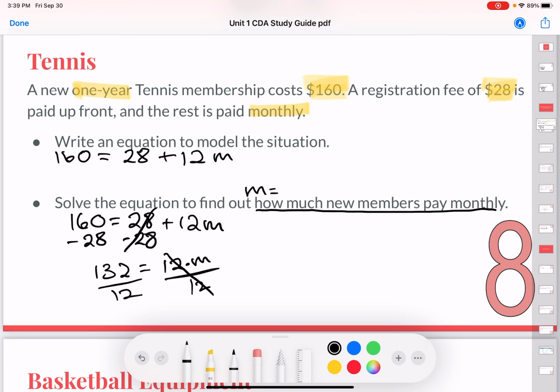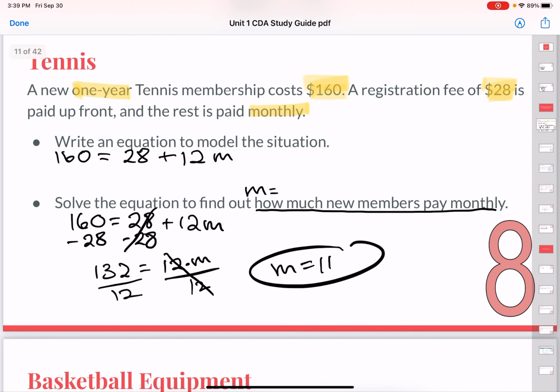These cancel. 132 divided by 12 is 11. And so, to answer this question with a sentence where it makes sense, new members are paying $11 monthly on top of that $28 registration fee.